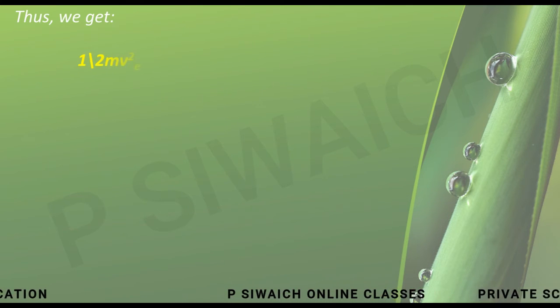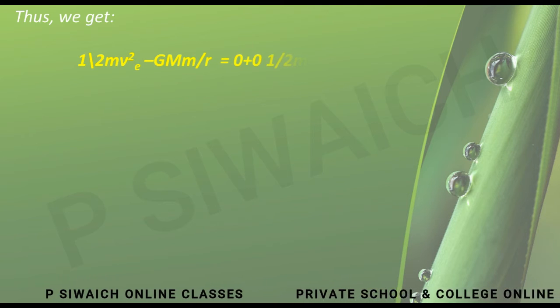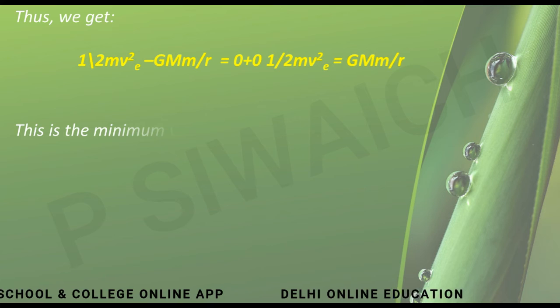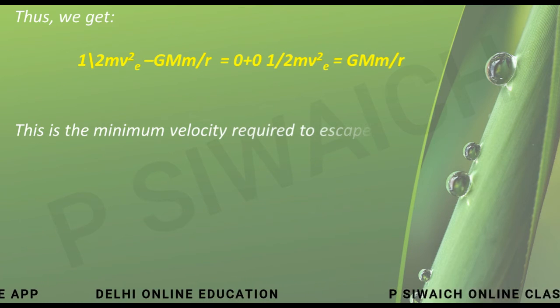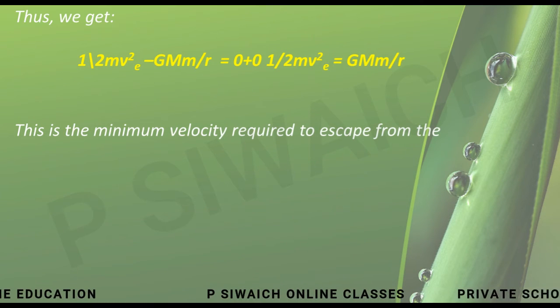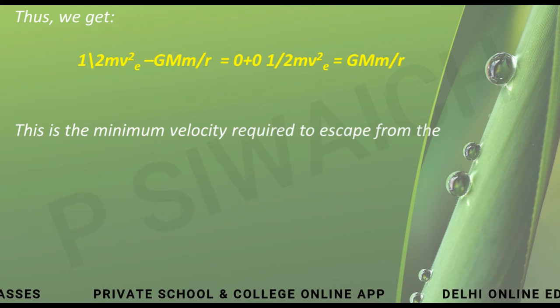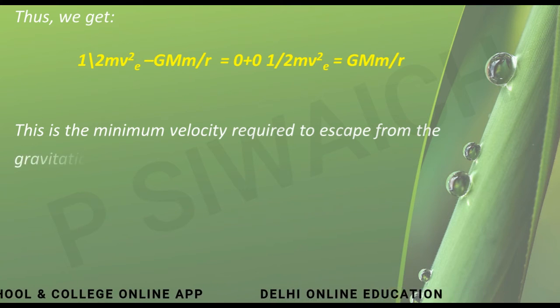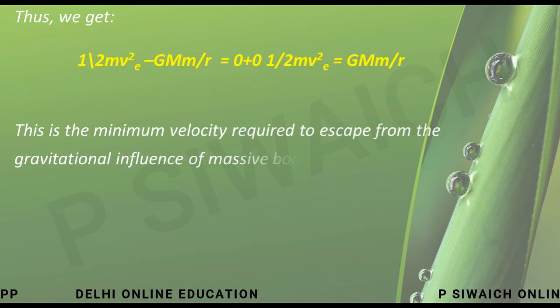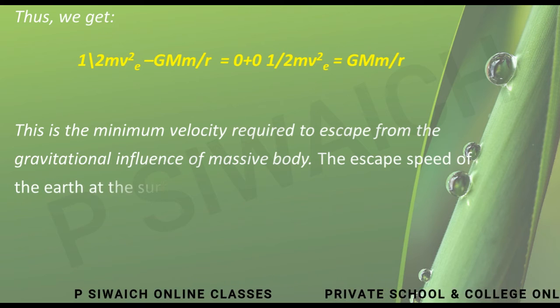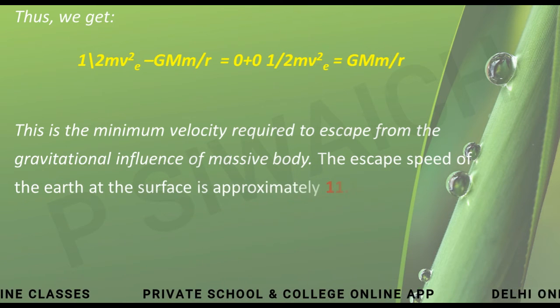Thus, we get 1 upon 2 m vE square minus GMm over r equals 0 plus 0, so half m vE square equals GMm over r. This is the minimum velocity required to escape from the gravitational influence of a massive body.